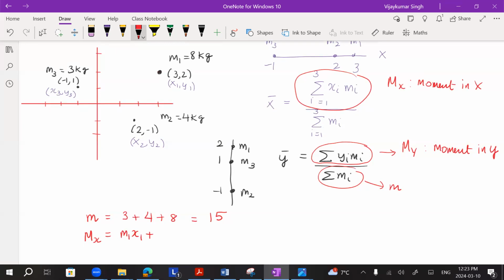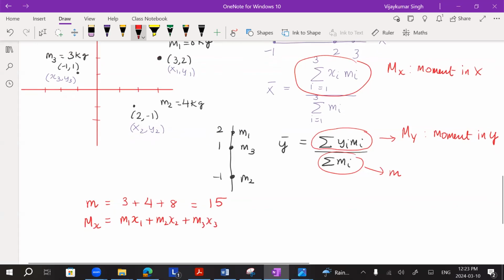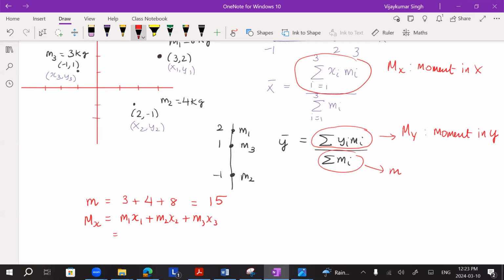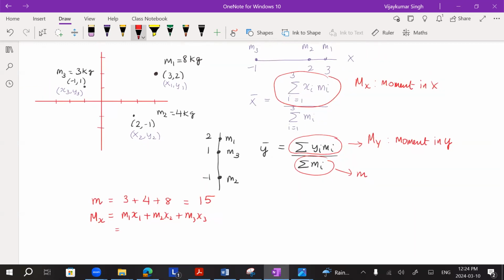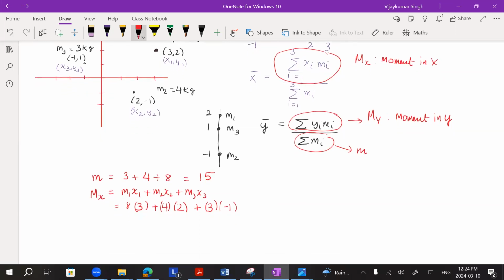Let's just write it systematically. x1 is 3 and m1 is 8, m2 is 4 and x2 is 2, and m3 is 3 but x3 is minus 1. And this turns out to be 29.